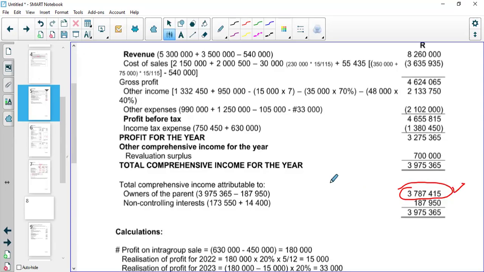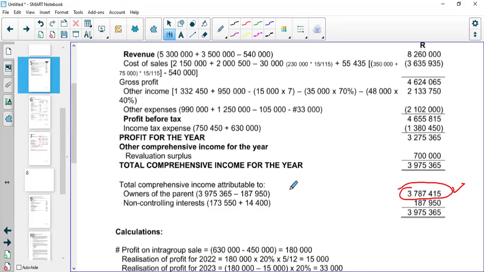But this is a share of total comprehensive income, right? Now remember, under retained earnings, we only wanted a share of the total profit. So the question here doesn't split between share of profit and share of the comprehensive income. It just says share of total comprehensive income.